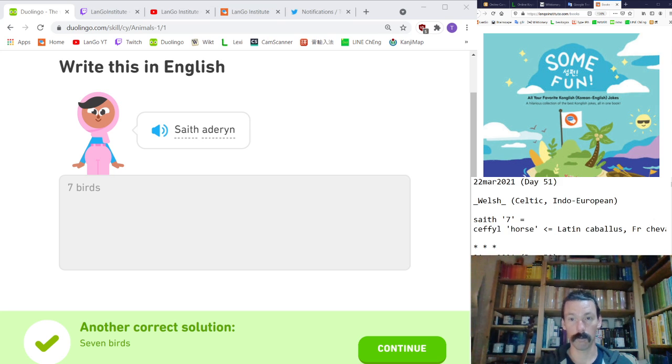This one, however, is cognate with, related to, it corresponds exactly to our word 7, Latin septem, and all the Romance descendants of that, German sieben, and so on. A whole bunch of words for 7. In Welsh, it's this saith.